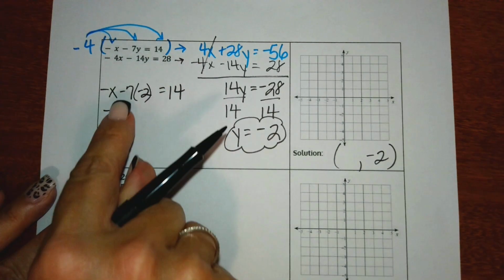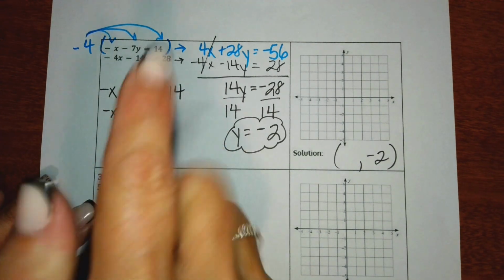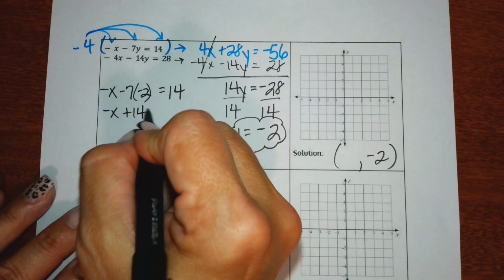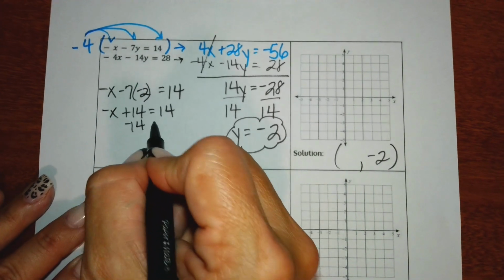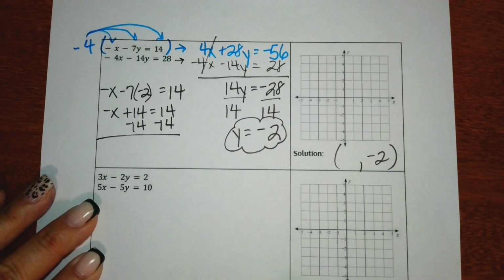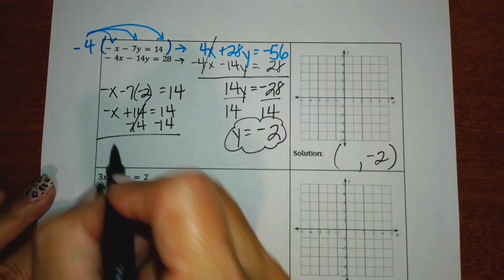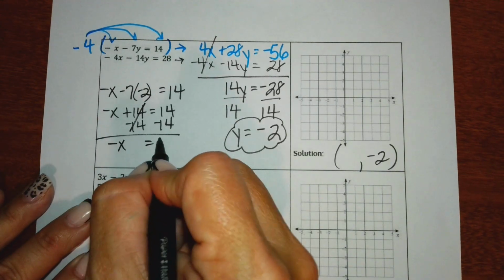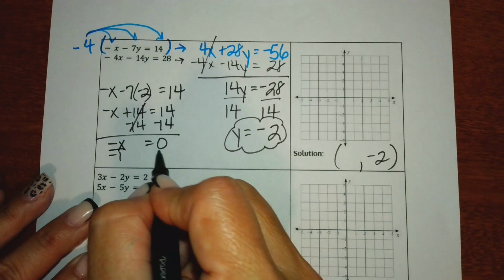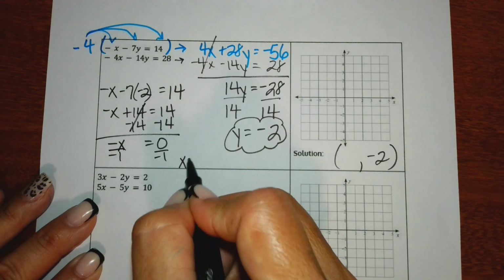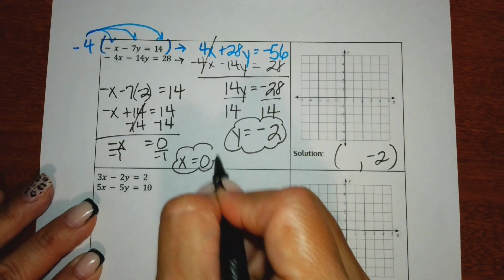Negative x, if I take a negative 7 times a negative 2, it's a plus 14 equals 14. Subtract 14 on both sides. We end up with negative x equals 0. And if you divide both sides by negative 1, you get x equals 0.